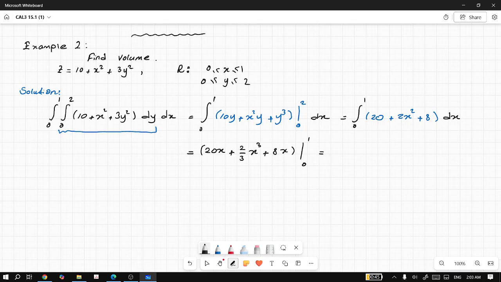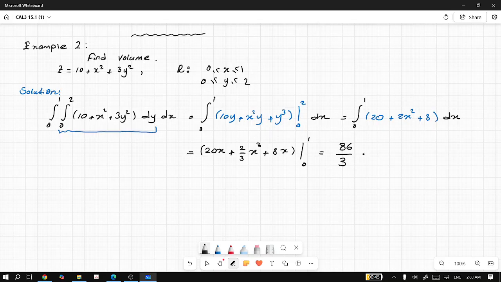When we plug in 1 and 0 into that function, it gives us 86 over 3. So the volume under this function over the base 0 to 1, 0 to 2 is 86 over 3.